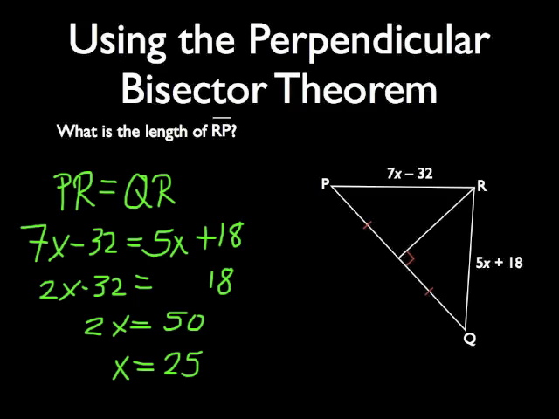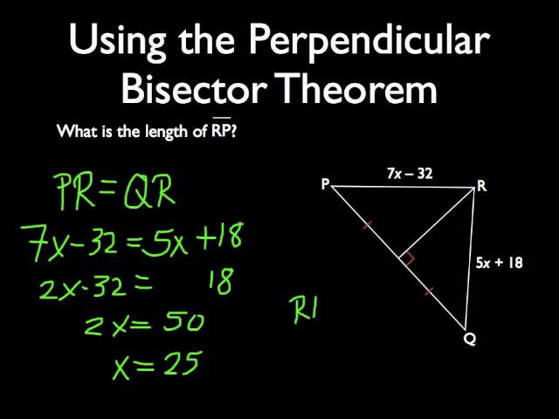Are we done? If you said no, good job, because our instruction was to find the length of RP, which means that we now need to plug our x into the expression for segment RP.